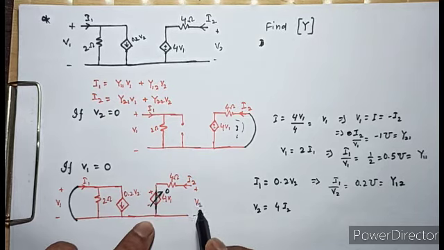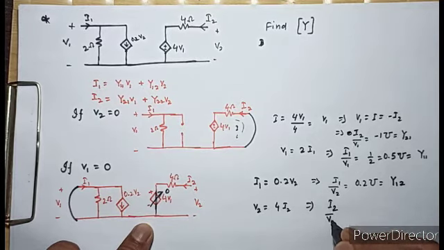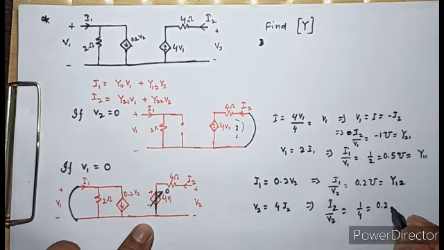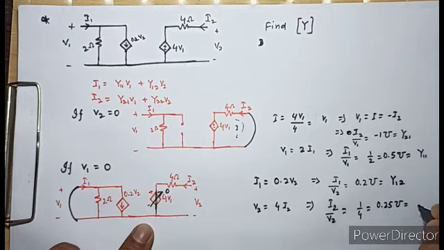So V2 will become nothing but 4I2, and from here I2 by V2 will become 1 by 4, means 0.25 ohm. And this I2 by V2 is nothing but our Y22.